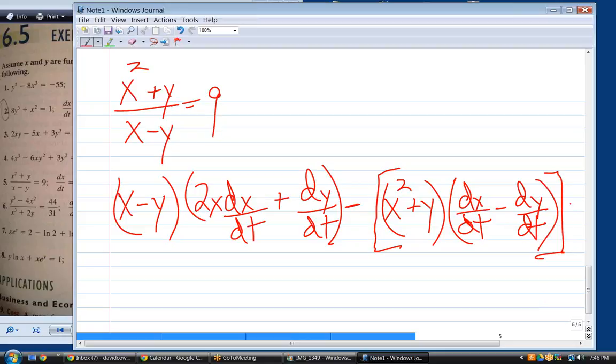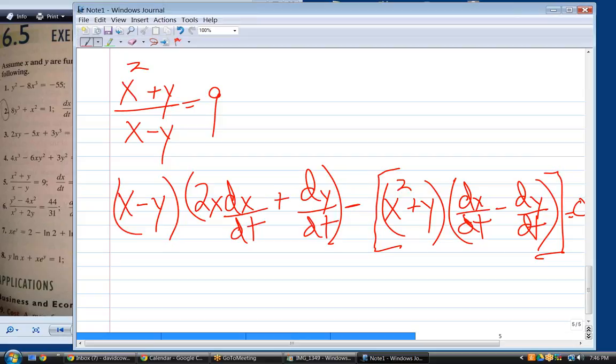Now, again, I can't do that trick because I've got multiple dy dt's. Let's see what the best way to do this algebra is. This is relatively difficult algebra.